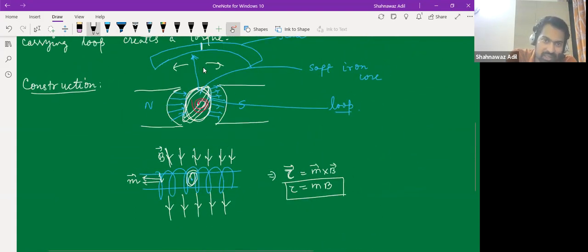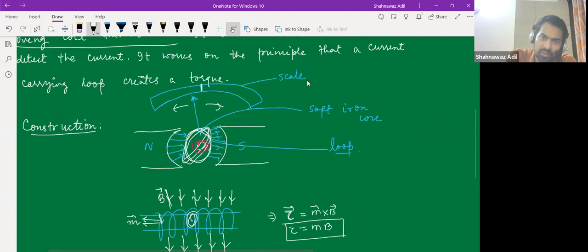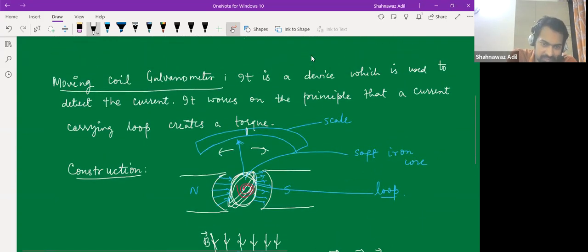So this arrow deflected because of the presence of what? Yes, guys. So you said that you understood.